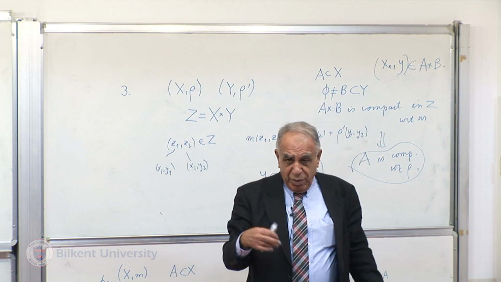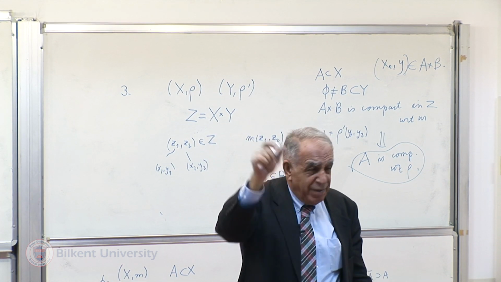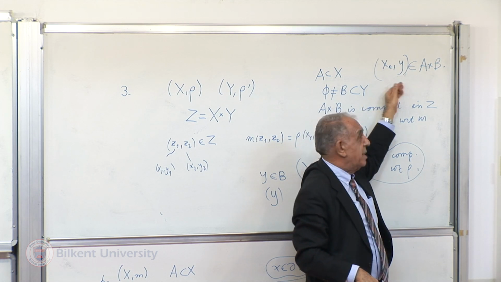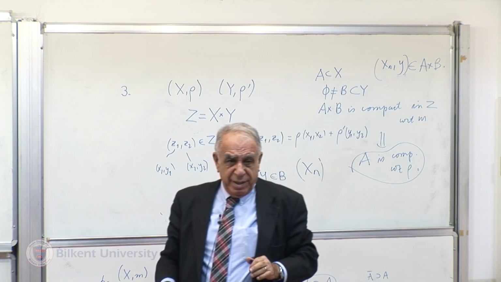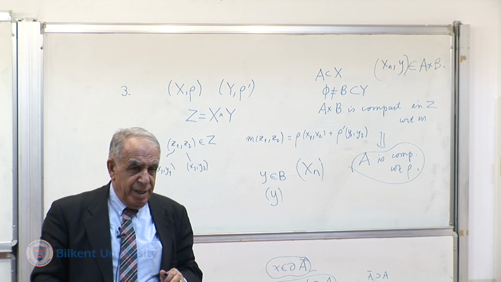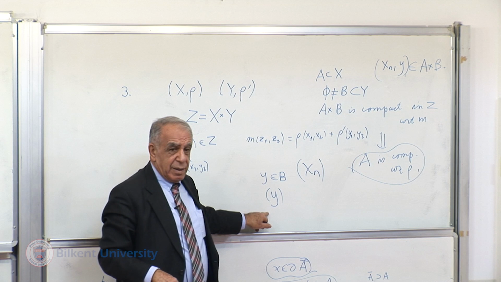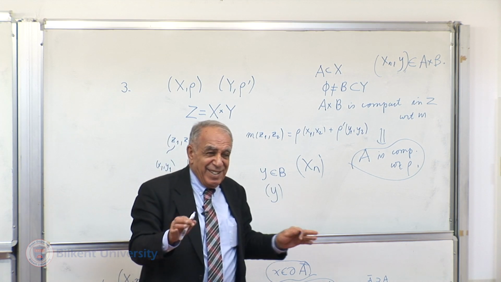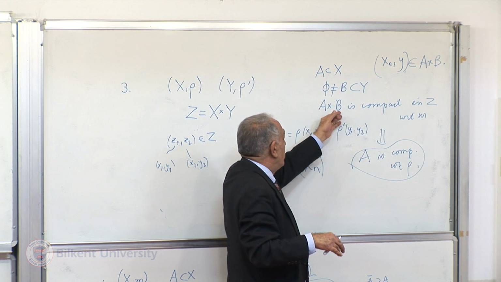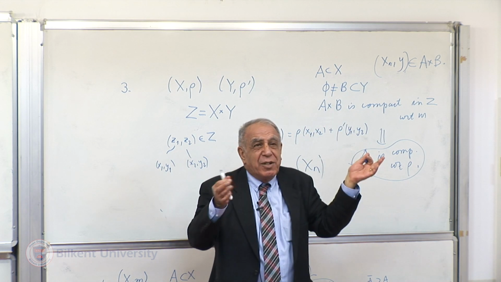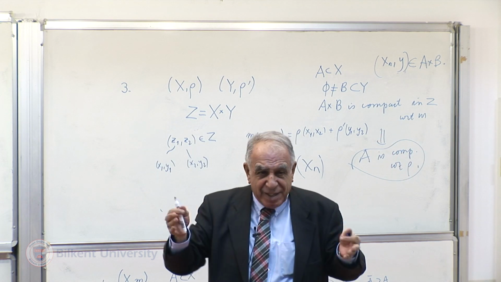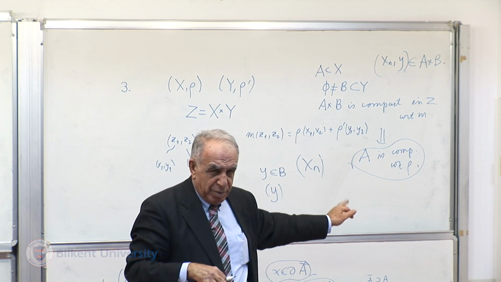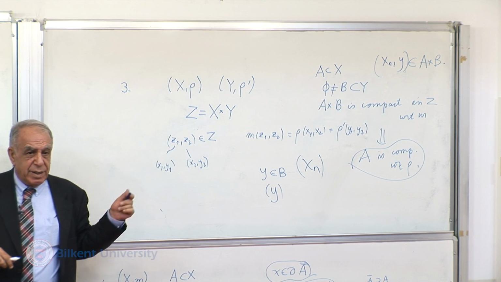And it will belong to A because the limit of the convergent subsequence of this sequence belongs to A cross B. So the easiest way is to take a constant sequence in B. If you reduce A cross B to a singleton, that will actually be a copy of A, the same thing as A. But of course, you have to do the formal things also appropriately. Okay? Any questions to this?